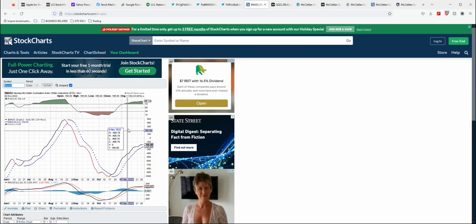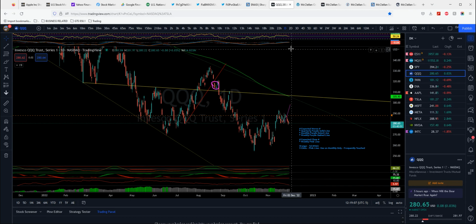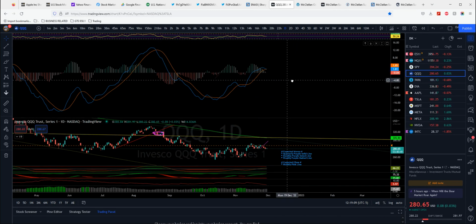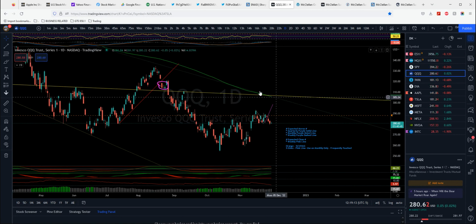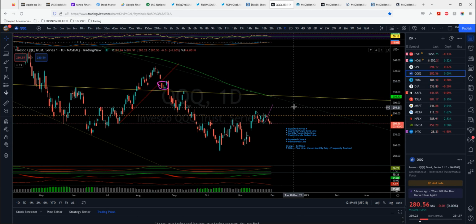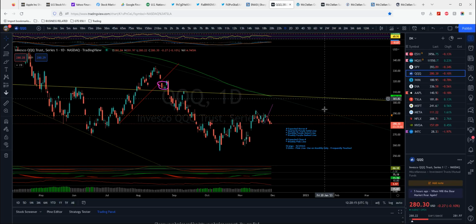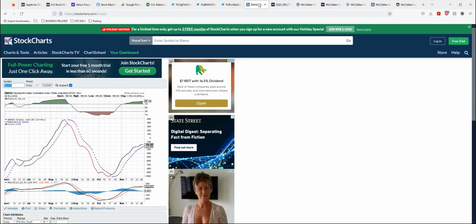As of now, we don't have the breadth change yet, but it seems like we're getting close to that point, especially when our MACD is about to have a crossover. Let's take a look. Yes, the MACD is having a crossover. Our price action is below the 200-day moving average, which is the green line. So I believe if the market continues selling off, the breadth is going to change to the downside.